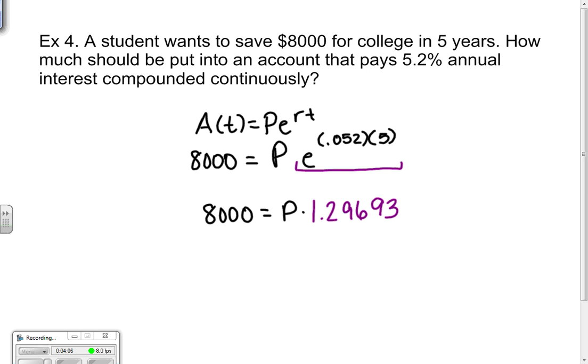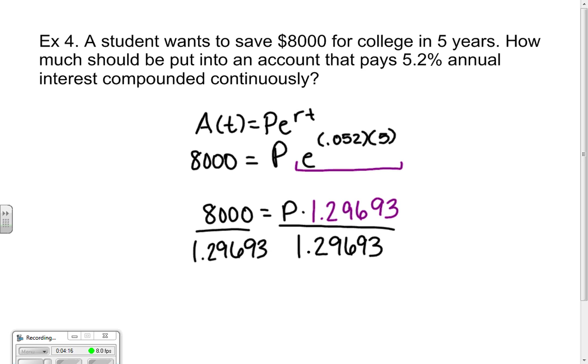In order to solve this, like you did in Algebra 1, just divide both sides by 1.29693. So the principal on this account was $6,168.41.